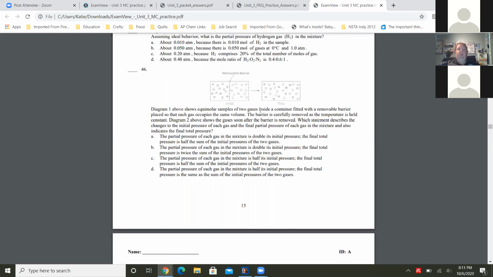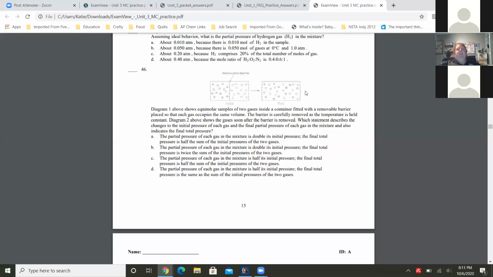So what's going on is I basically have two separate containers of two separate gases. And then by pulling out that divider, I'm giving those gases now twice as much volume to move around in.